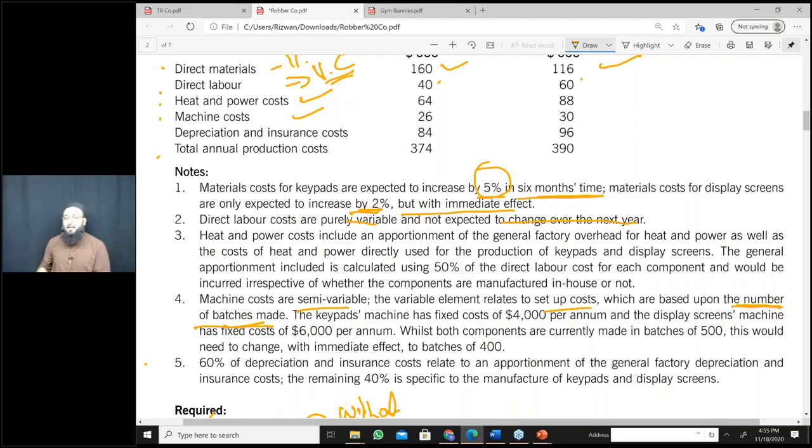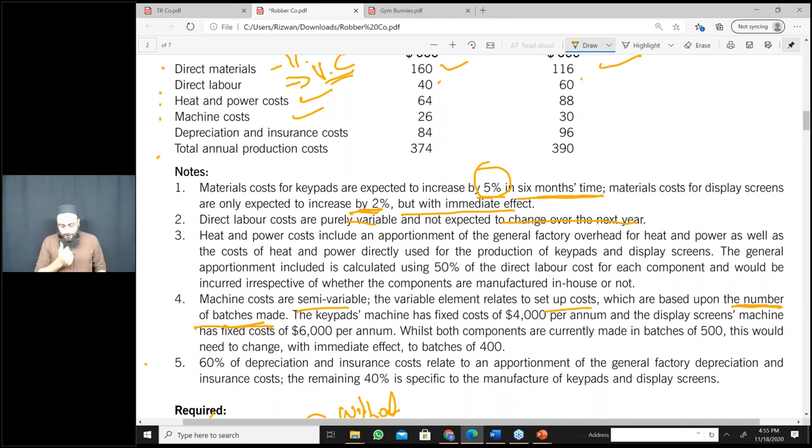Normally, we have seen that variable costs are per unit, right? Variable costs are one that are dependent on number of units. Right now, in this case, it is not dependent on number of units, but it is dependent on number of batches. Okay, number of batches, right?